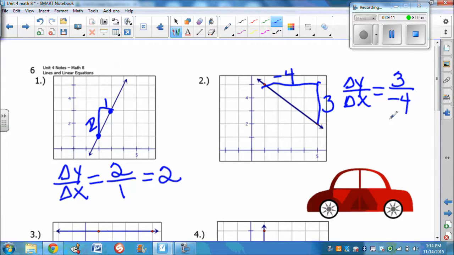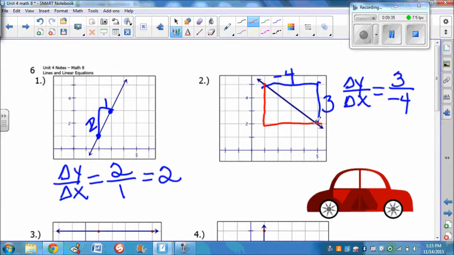Now I can't simplify that anymore. Another way to think about it is we could do the other side of the line, but we're still going to come out to be the same thing. So my rise over my run is still going to be, and you've got to recognize that, still that negative number.